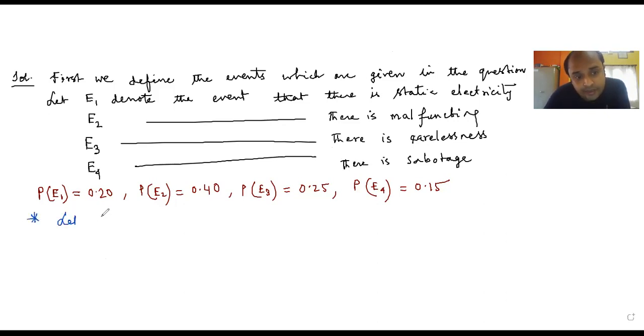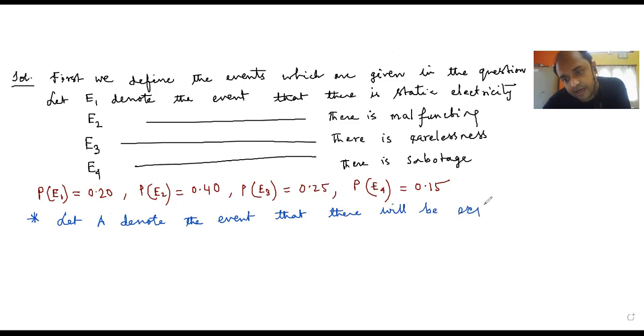Let capital A denote the event that there is explosion, or explosion has occurred. This part is not given in the question directly. You have to identify it. This identification is very important.